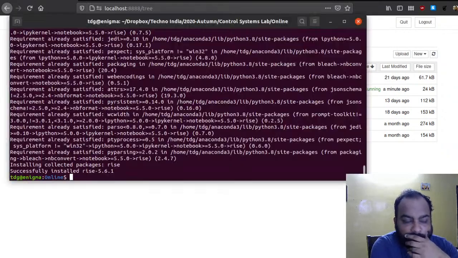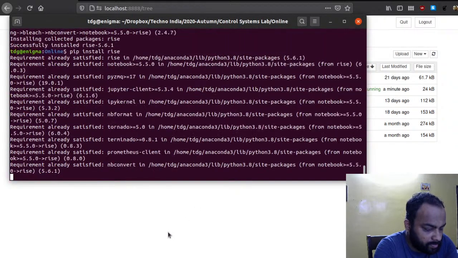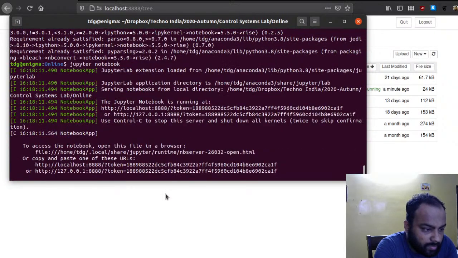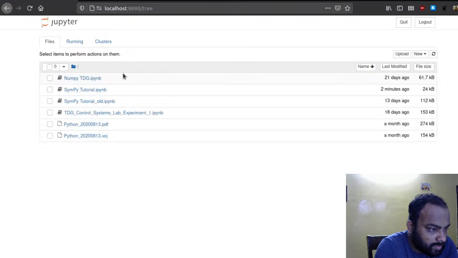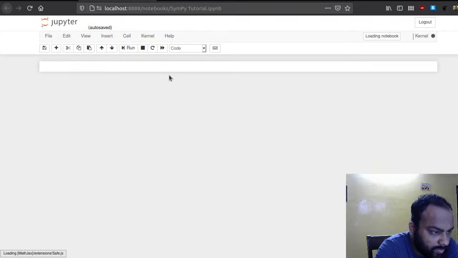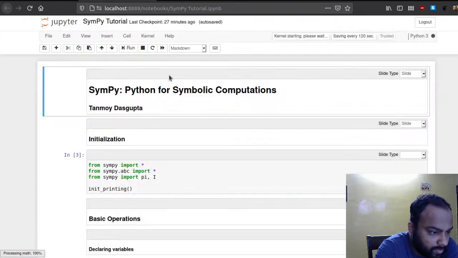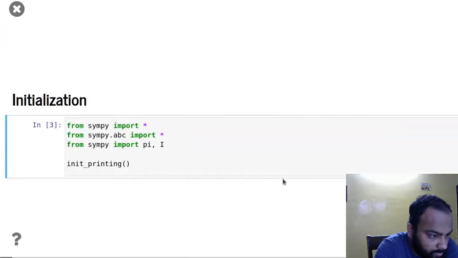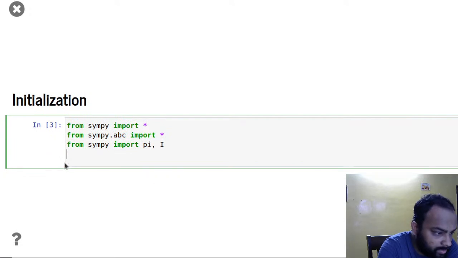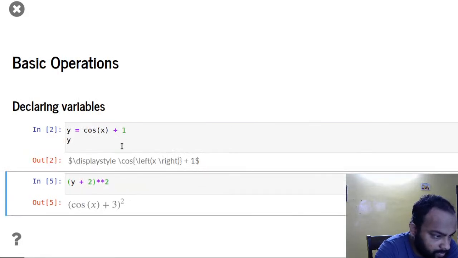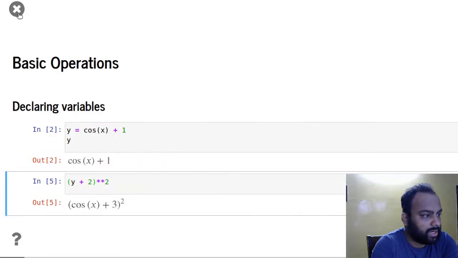Let me see if I can run this once more. If I remove this one, does it work now? Unfortunately, it does not.